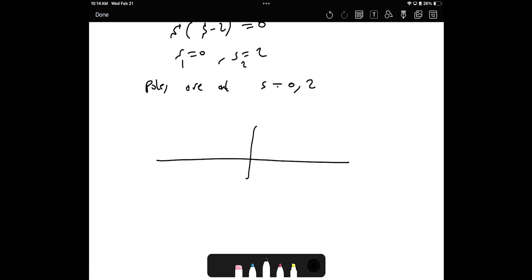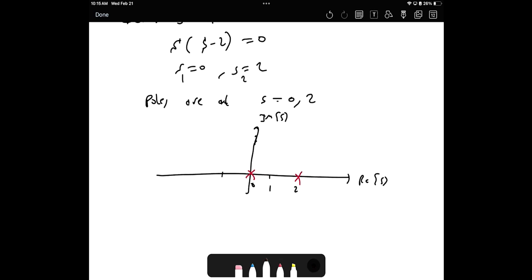Here is the x-axis, and this is the imaginary part, this is the real part. The poles are at 0 and 2, so here's 0, here's 2. Then we have here negative 1, negative 2, negative 3.